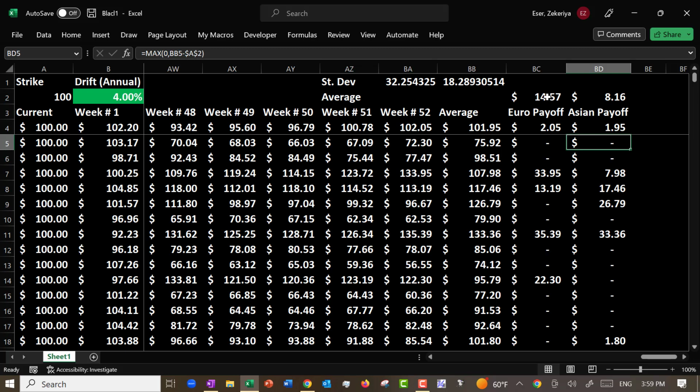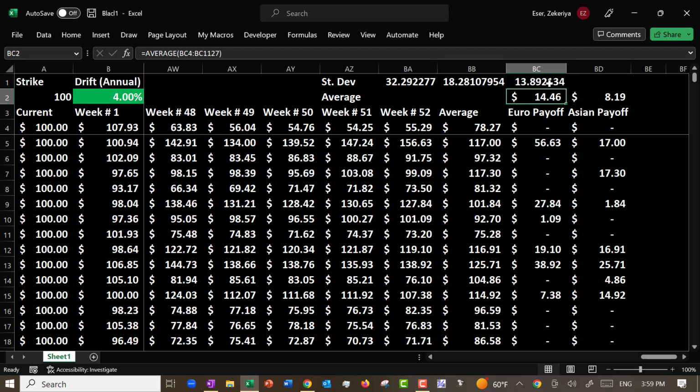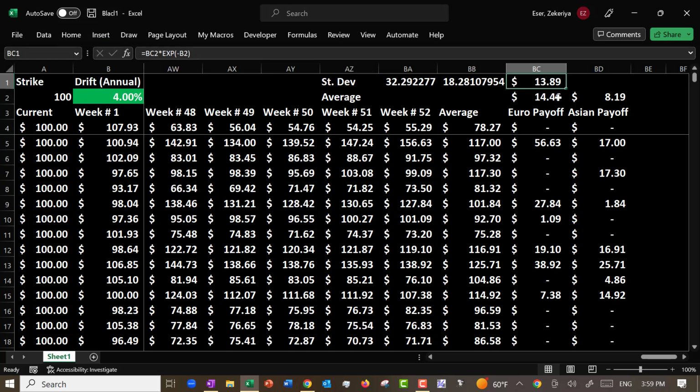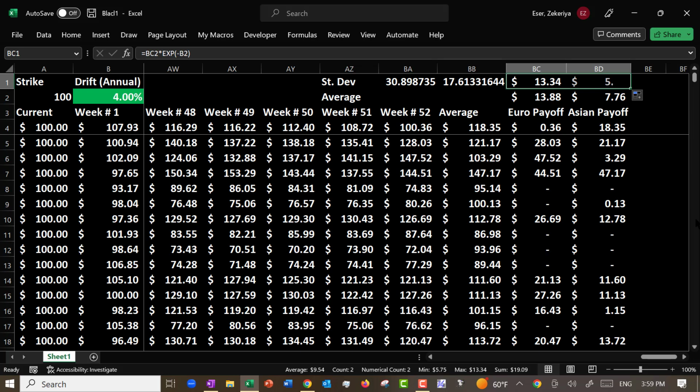So much cheaper. Then if you want to calculate its PV, since it's for 1 year, the approximate value of the European option is 1334 and the Asian option is 575.